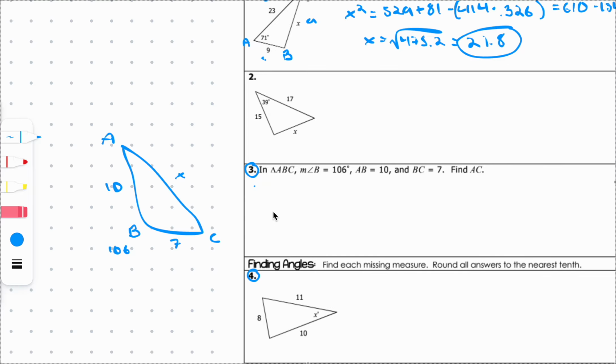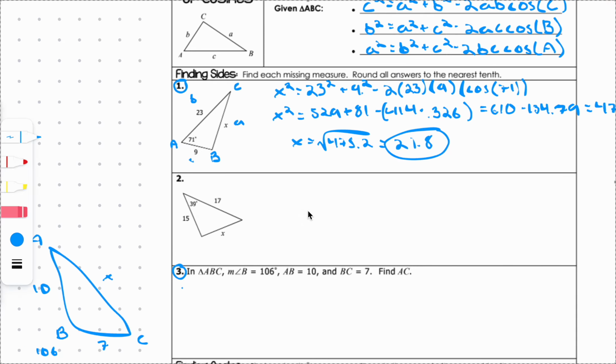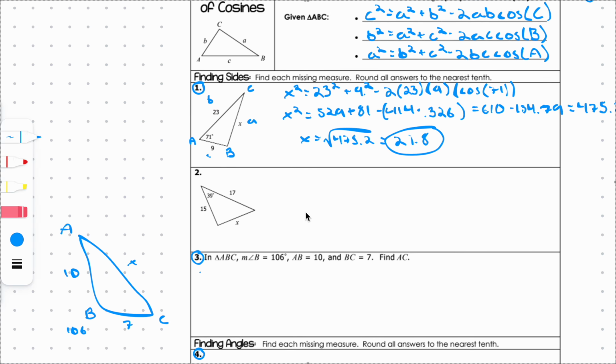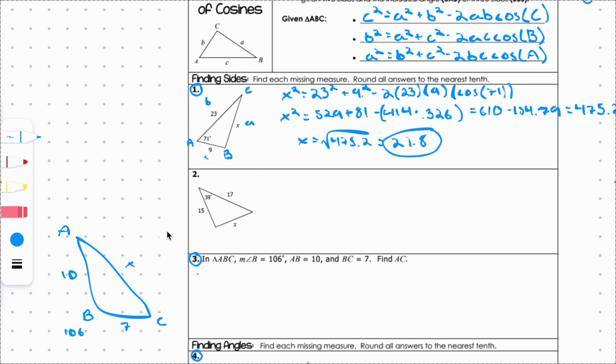So let's try to use our law of cosines equation, okay? If we think about this, we're solving for this opposite side. So we're solving for x squared again, just like we did before. So I'm going to say x squared equals, and then it's our two other sides squared.